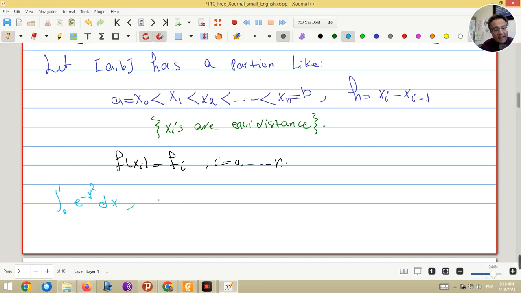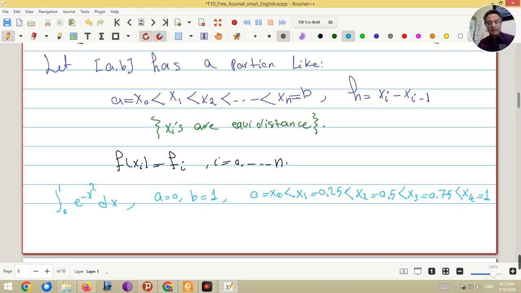Here, a is 0, b is 1, and we can consider, for example, 0 equal to x0 less than x1 equal to 0.25 less than x2 equal to 0.5 less than x3 equal to 0.75 and less than x4 equal to 1.